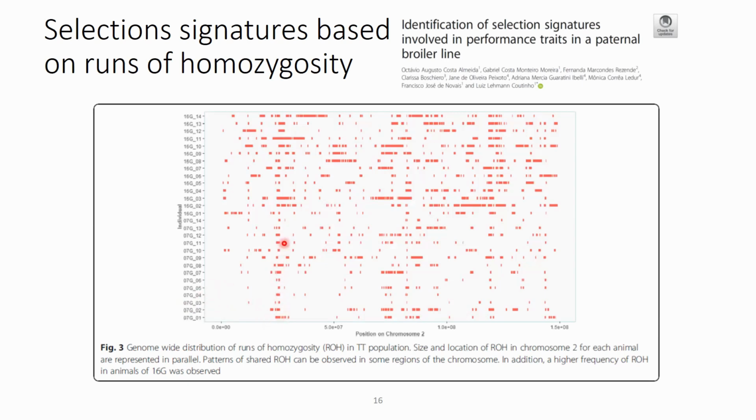And you see that, for example, this part of the genome tends to contain a run of homozygosity for almost all individuals, meaning that it is homozygous for all individuals, which is again this detectable pattern that points towards selection signatures. Also, for example, here, there is a small region that tends to be homozygous for everyone.